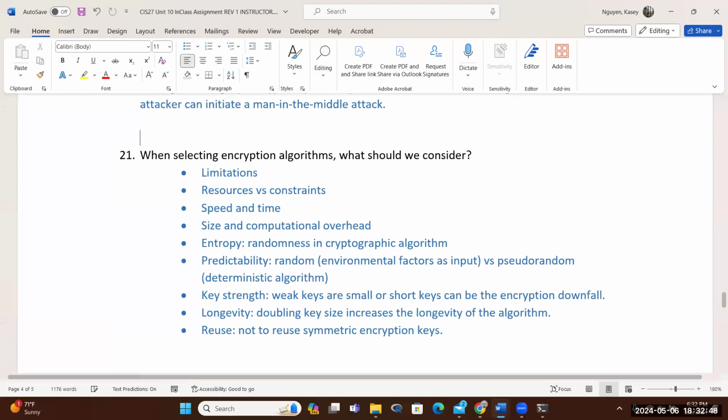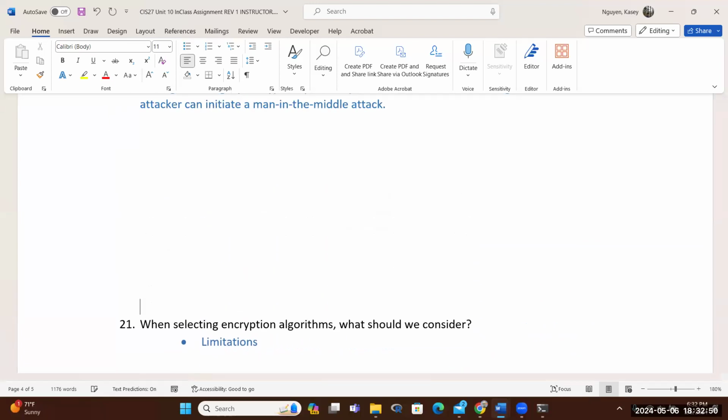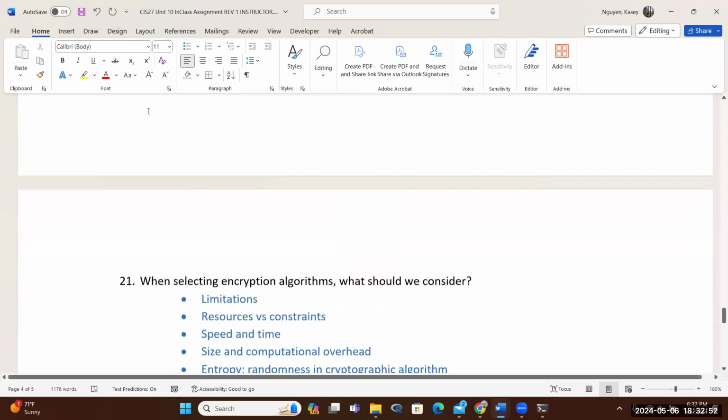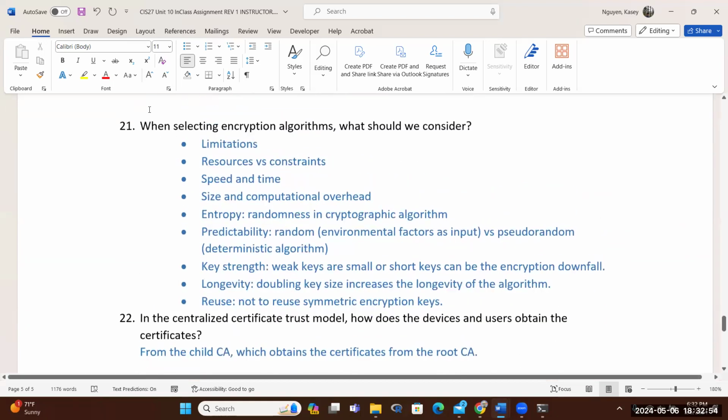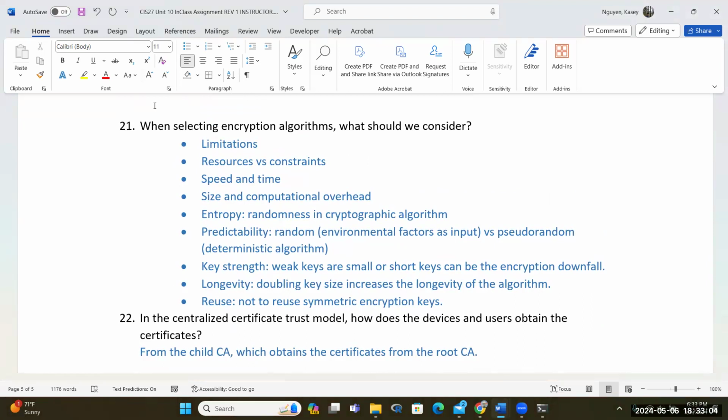Let's take this down because some of you are still typing, and I'm sorry that the answers are kind of long, but that's typical of encryption. So for the centralized certificate trust model, the question is: how do the devices or the users obtain a certificate, like when you log on to the website or when your system is communicating with the network?